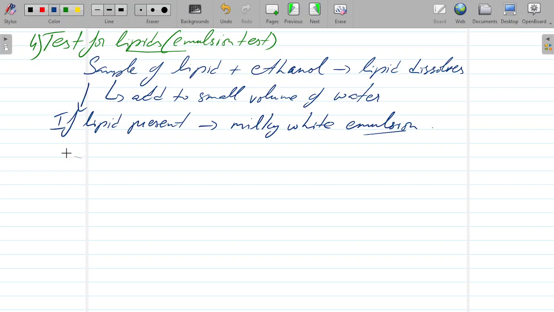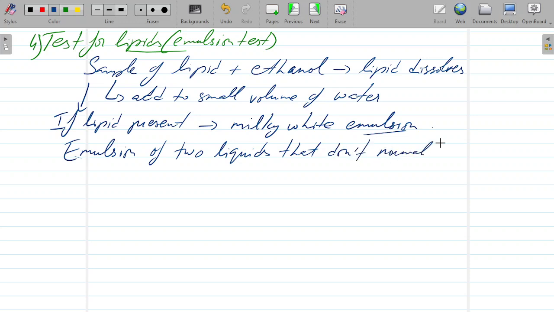So I'll just write that down over here. Of two liquids that don't normally mix. And obviously the prime example is water and oil.